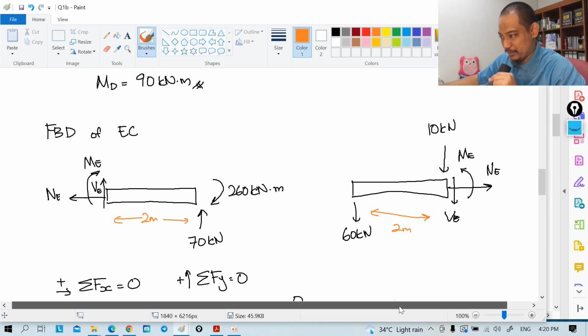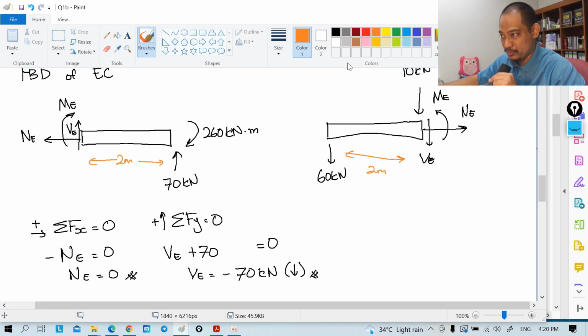Okay, given this one, I'll use different colors so that it's not confusing on the other side here. Where's my mouse? Okay, if you do summation of Fx equal to 0, that's straightforward. Then you get NE equal to 0, so it's the same. If you do summation of Fy equal to 0, let's verify this one.